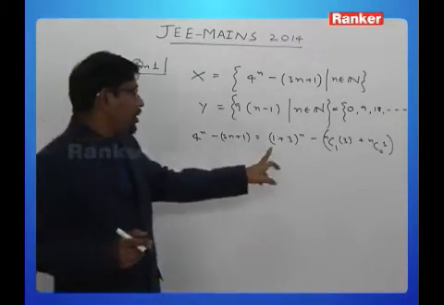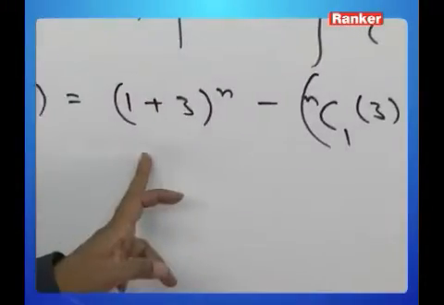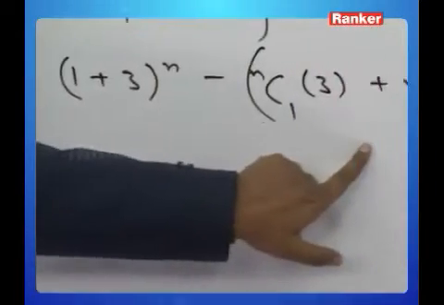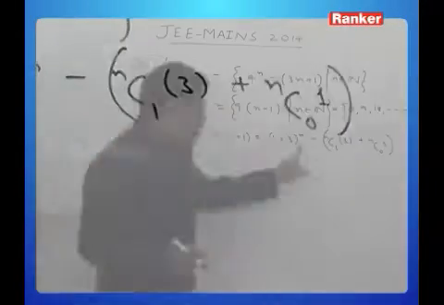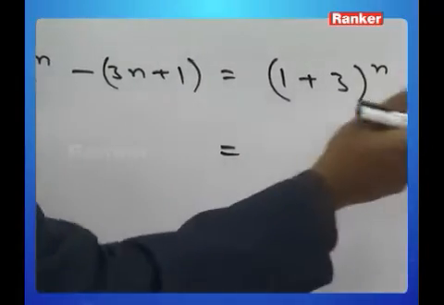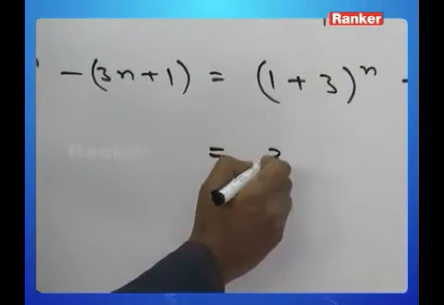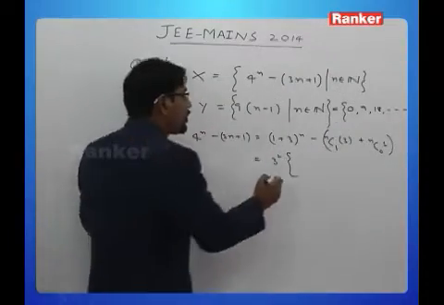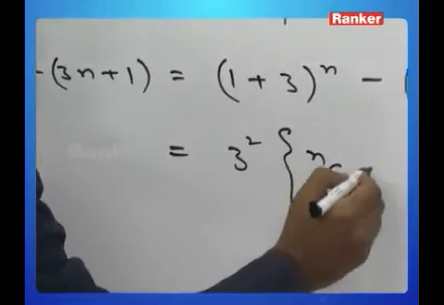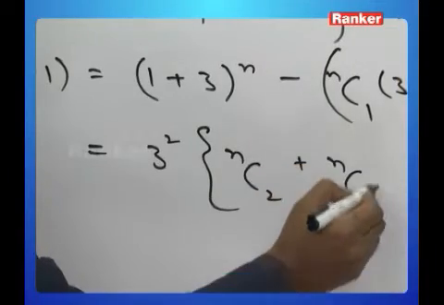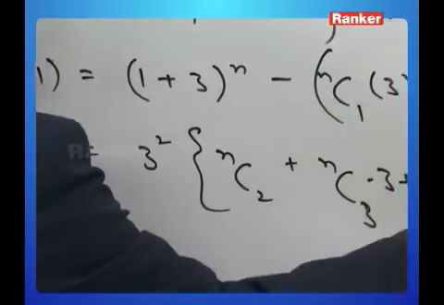Let's go by the binomial expansion of 1 plus 3 power n here. These two appear to be the first two terms of that binomial expansion. So you will have those first two terms cancelled and the rest of the terms will start with 3 square: 3 square into nC2 plus nC3 into 3 cube, so on and so forth.